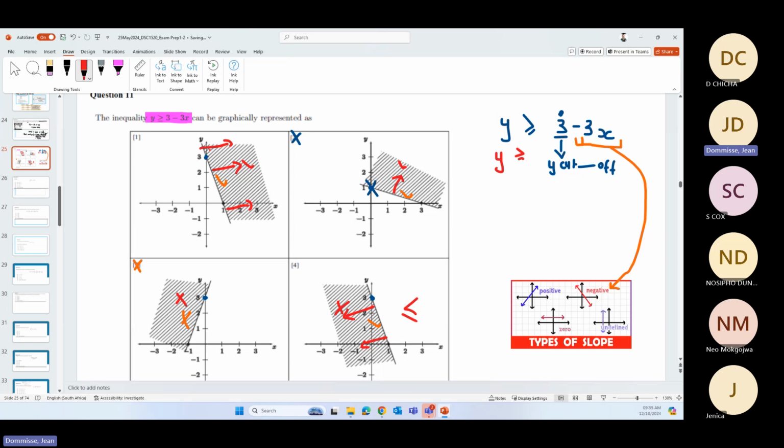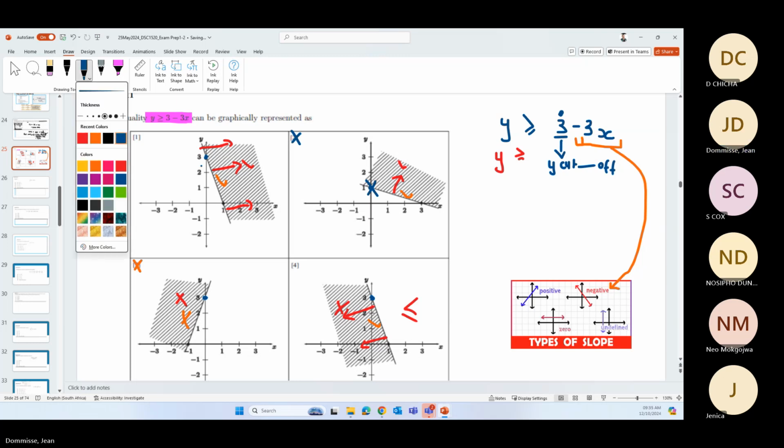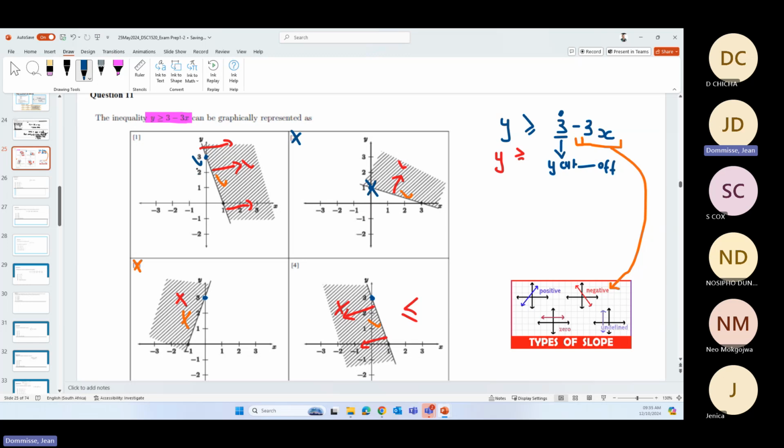Okay, so the one that is correct is the one with all the correct marks. I've got my y cutoff is correct, I've got my slope that is correct, and my inequality area is correct. So option 1 is right, whereas options 2, 3, and 4 are wrong.